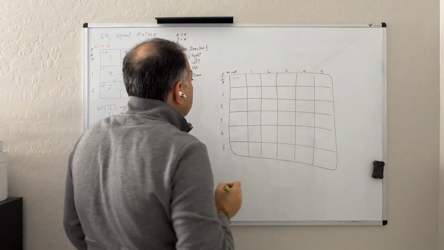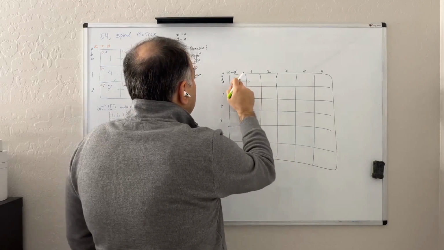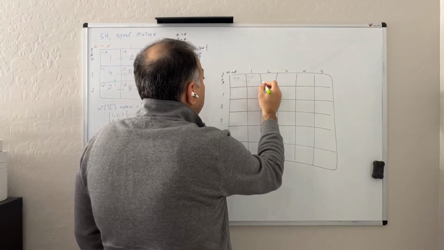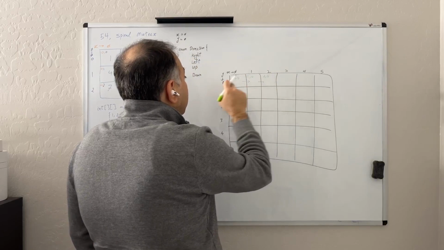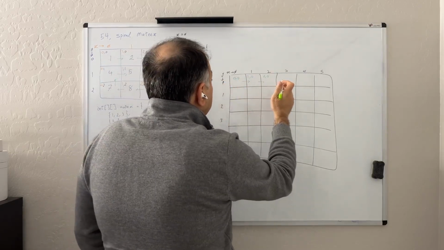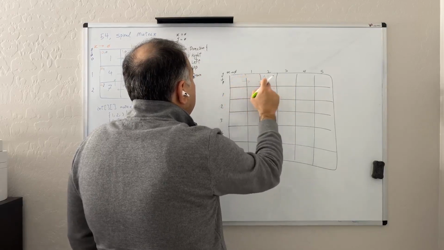This one is 0, 0. Then move to 1, 0. Then move to 2, 0. Oh, sorry, I made one mistake here.